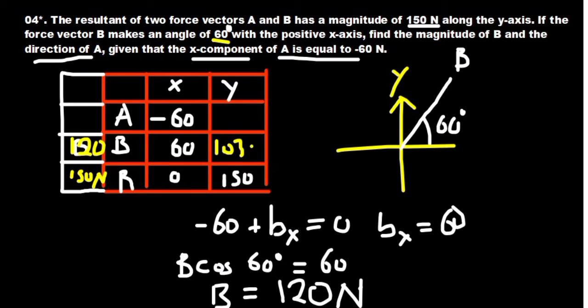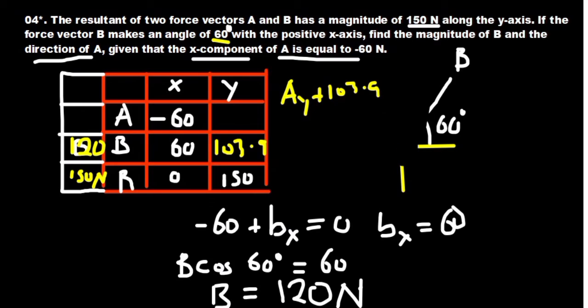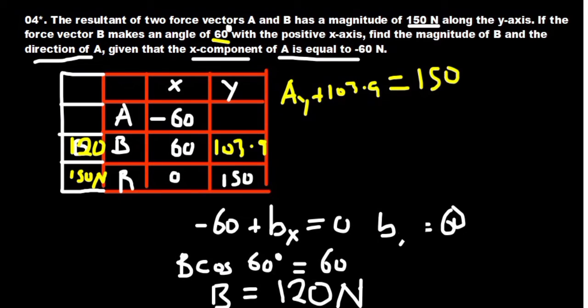Now that we have the y component of B, we are able to find the y component of A. So we'll say Ay plus 103.9 should give us 150. After adding the two, you're supposed to have 150. So Ay becomes the difference of 150 and 103.9.